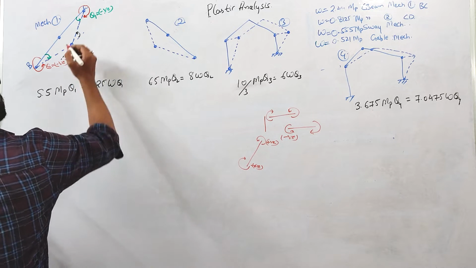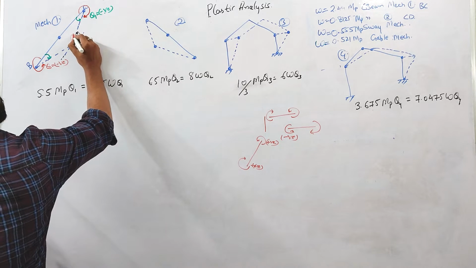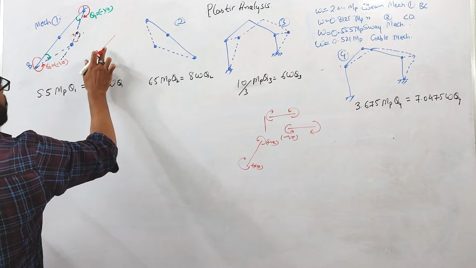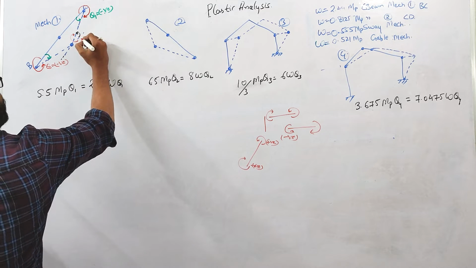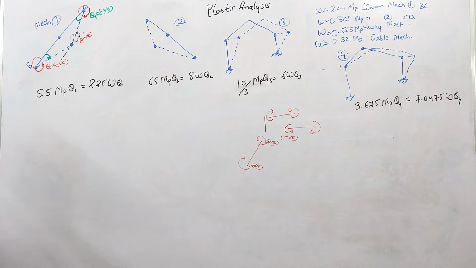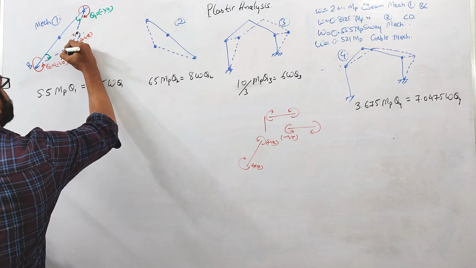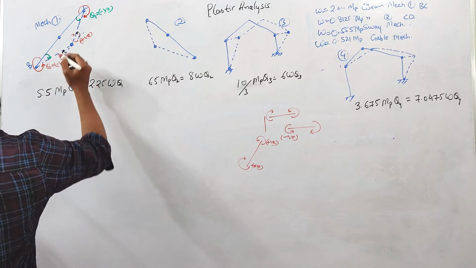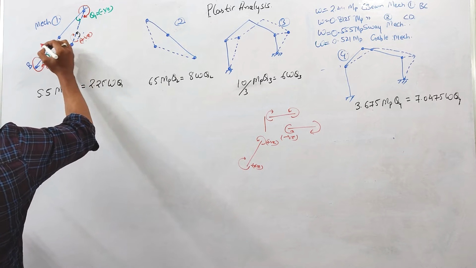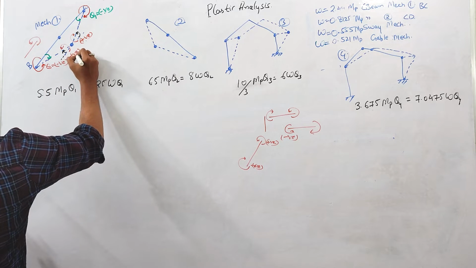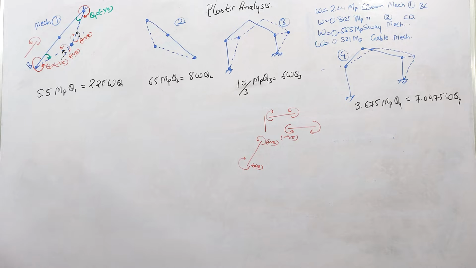This clockwise movement is inducing compression outside, so this theta will be positive, right? Similarly here, if you see this theta, the rotation is in which direction? Clockwise direction. So the plastic moment will be opposite to this direction, which is anti-clockwise. So again, this moment is producing compression outside, so this theta will also be considered negative. Okay. I hope this point is clear to you, right?